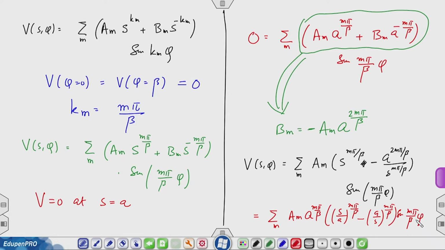That is the solution. Now, A m's have to be found by the boundary condition on the other side. So, this is the best we can come up to with whatever information we have.